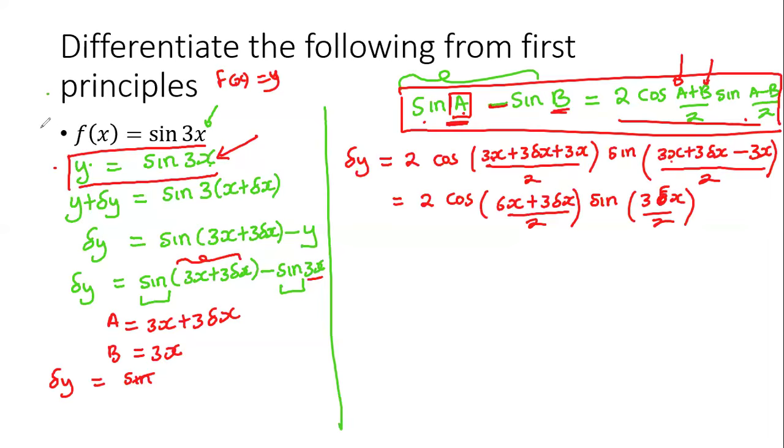But like I've told you, whenever delta x tends to 0, the behavior of a sine curve is that you get a small angle. So you can say that as delta x tends to 0, sine of 3 delta x out of 2 is approximately equal to the angle.